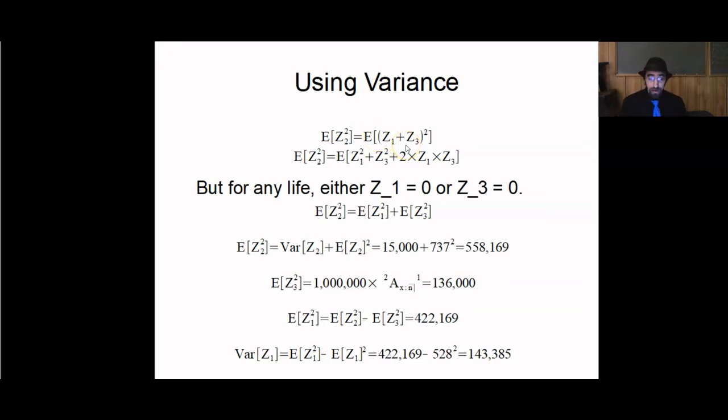And this looks scary at first. You FOIL it out, you get expectation of Z2 squared equals expectation of Z1 squared plus expectation of Z3 squared plus 2 times Z1 times Z3, all inside the expectation.